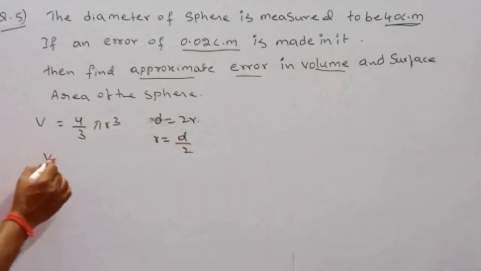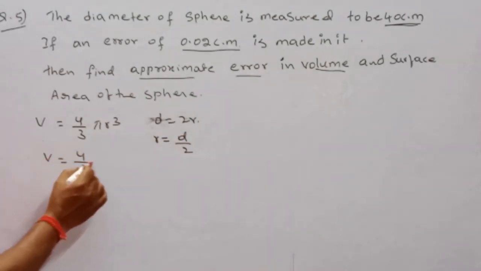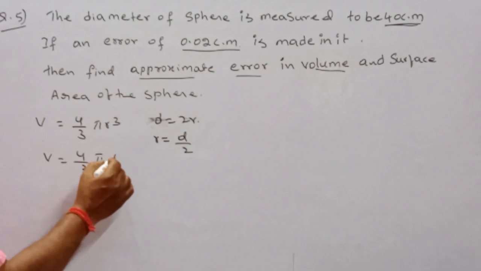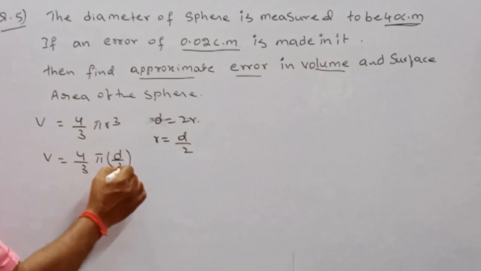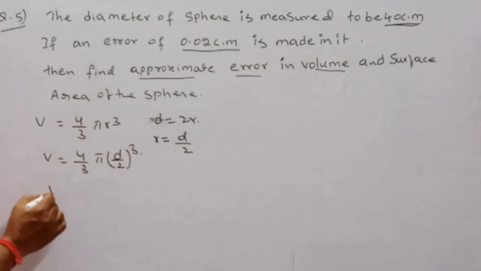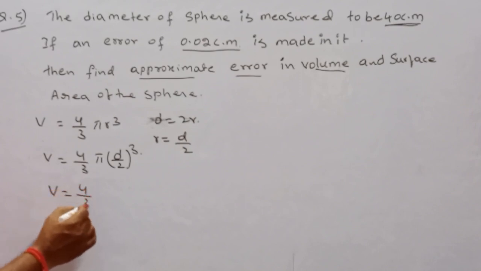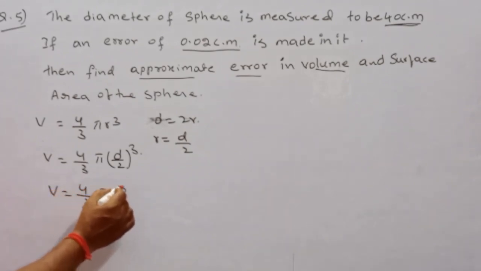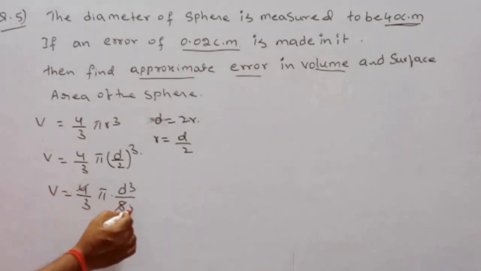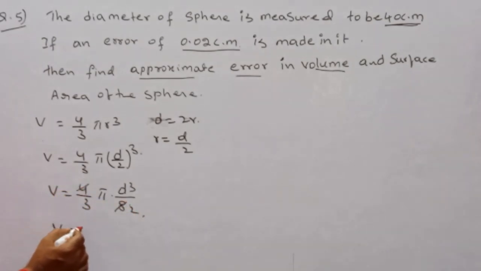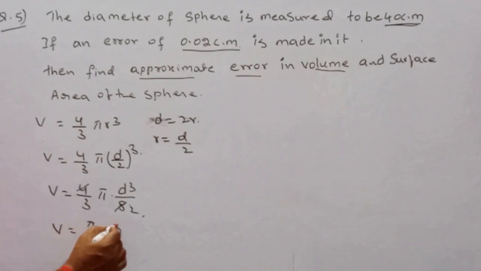Okay, all of you, V is equal to 4 by 3 pi into D by 2 whole cube. So V is equal to 4 by 3 pi D cube by 8. So V is equal to pi by 6 into D cube.